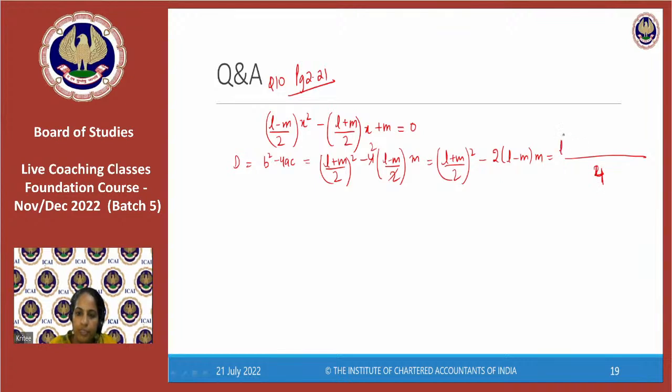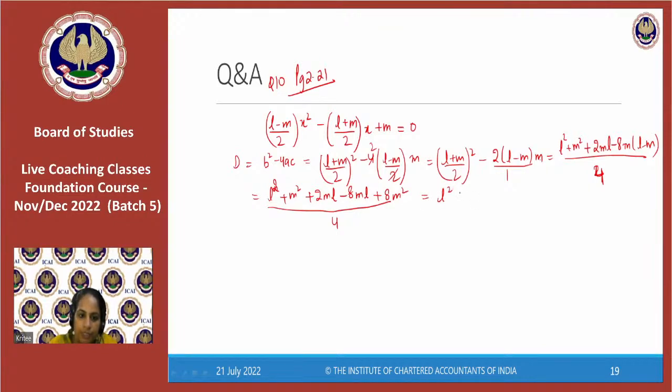So this is L square plus M square plus 2ML. Open this bracket, this is by 1, 4 being multiplied, minus 8M into (L minus M). So this becomes L square plus M square plus 2ML minus 8ML plus 8M square, whole divided by 4.